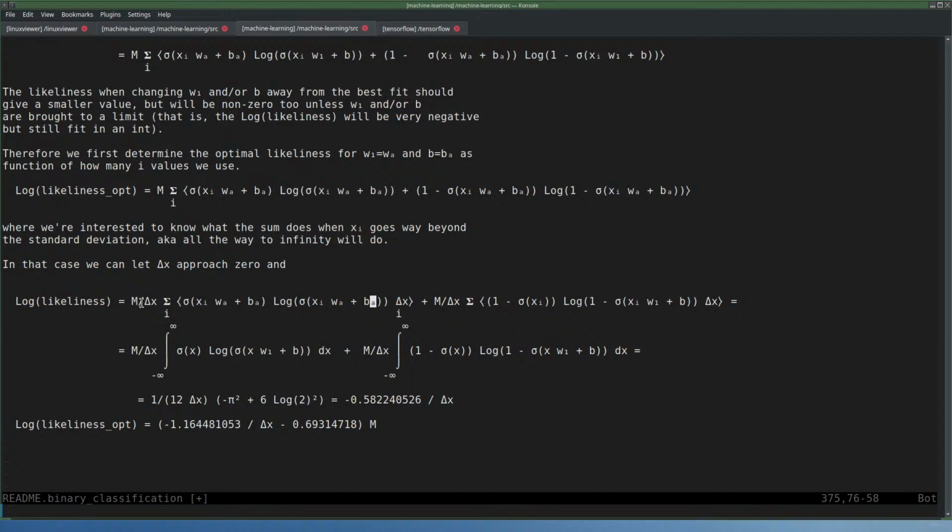I multiply it and I divide it. Plus I split the sum in two. So we have here a single sum, and now a single sum is something with two terms, 1 and 2. And we split it up in two sums with those two terms. Oh wait, the log of likeliness was this, not likeliness opt.